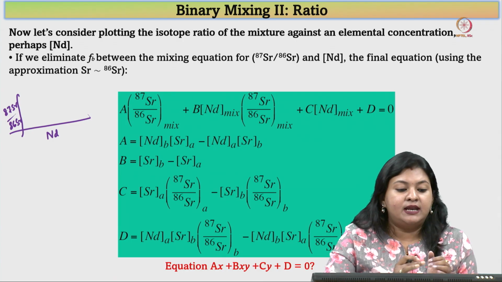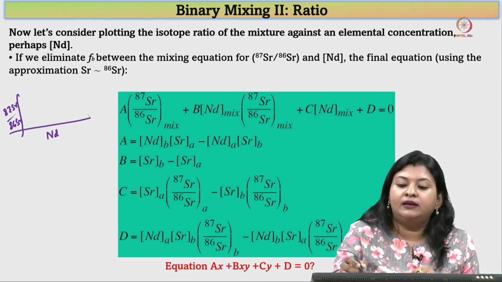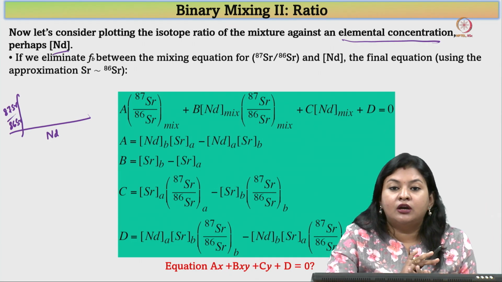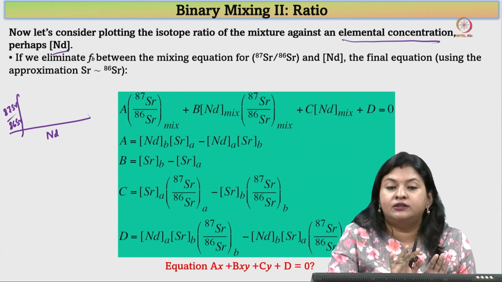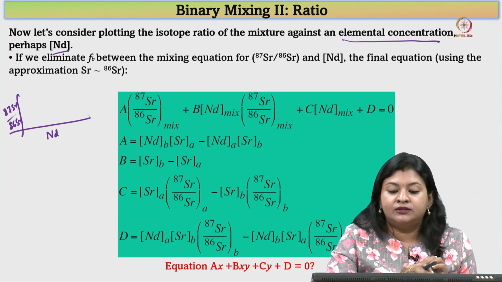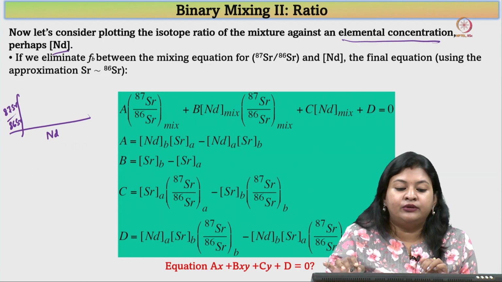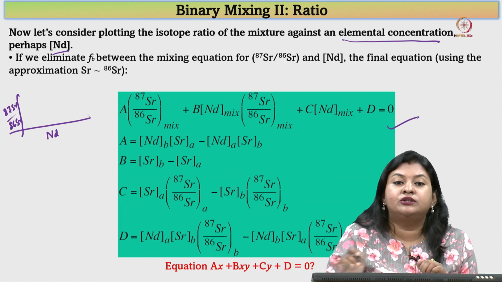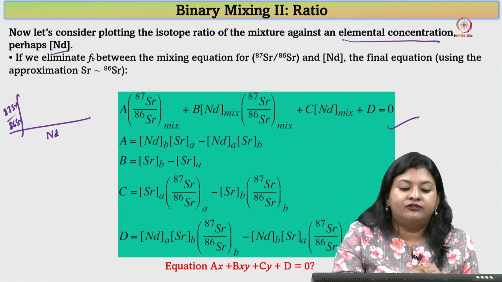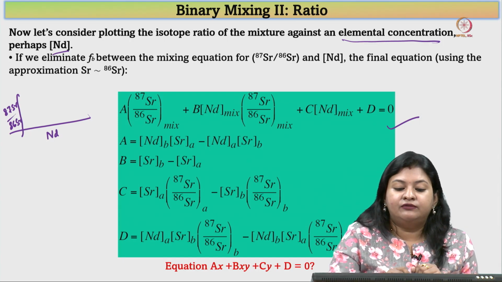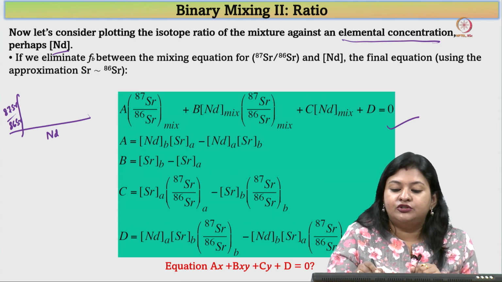So, if we use this and plot against the elemental concentration, that is neodymium concentration, we are going to get this particular equation where we have a term with 87 by 86 strontium, a term with neodymium mix, another term with just neodymium mix, and a constant term.